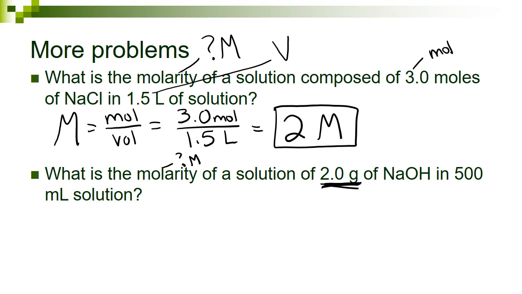Of sodium hydroxide in 500 milliliters solution. Oh, there's another change that we have to do. I gave this to you in milliliters, and the definition of molarity calls for liters. So 2 conversions that we have to do, 2 little side reactions before we can actually get started.